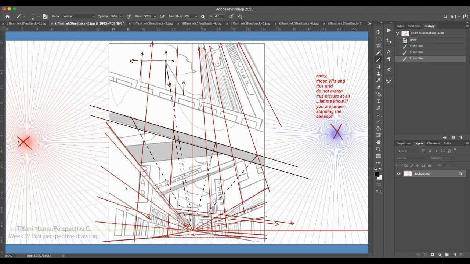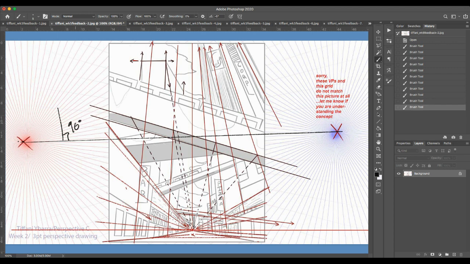And even if I draw a straight horizon between the two of them, they're not lined up either. I could draw a straight horizon between the two of them like that, but it would in essence be a tilted horizon, which would affect everything. In other words, your verticals, well, your verticals that aren't going to the third vanishing point anyway, would have to be perpendicular. That would have to be a 90-degree angle.